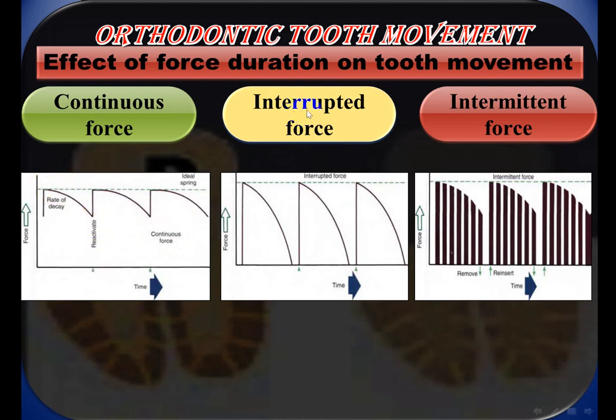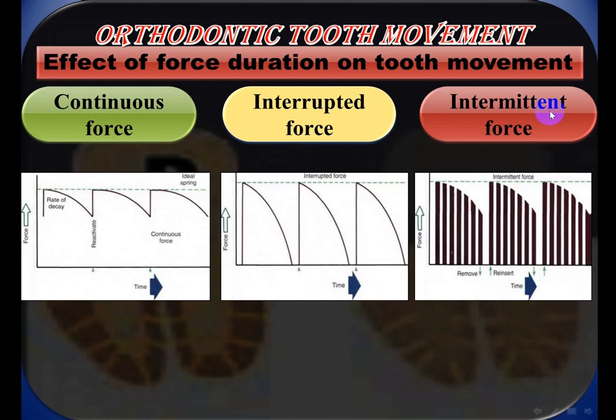In the interrupted force, which can also be obtained by a fixed appliance, the level of force can reach the zero level after the amount of activation in the wire is finished. I can say that when the amount of force embedded in the arch wires is finished, it will reach the zero level.